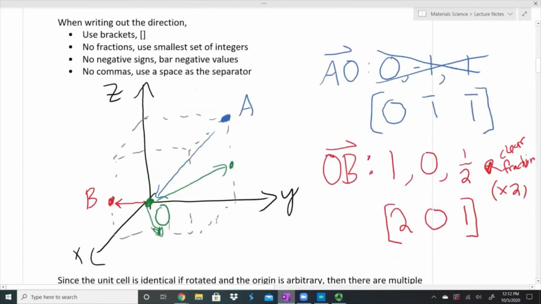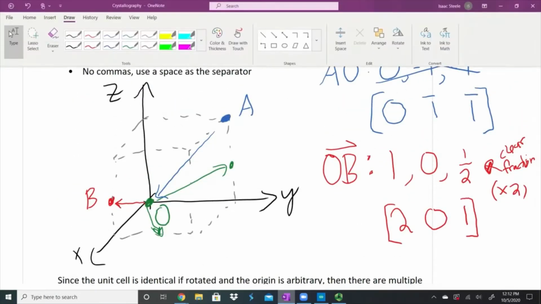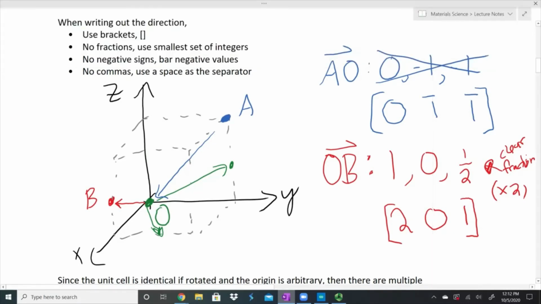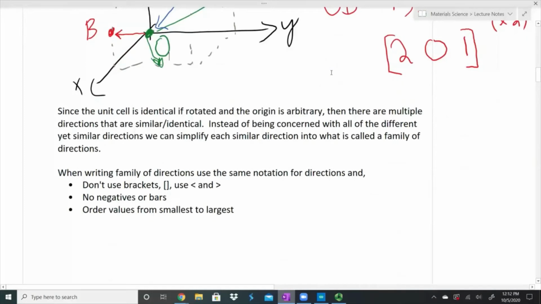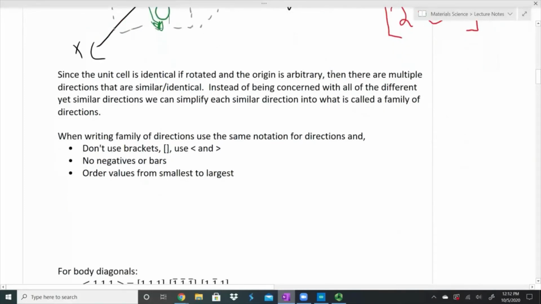So if we're going to turn this A to origin, A to O, into a family, we'd say, all right, we're going to order it from smallest to largest. It was already that way. So my A to O, 0, 1, 1. I'm going to make sure there are no negatives or bars, so I didn't add those here.